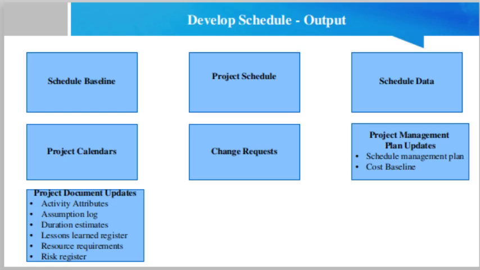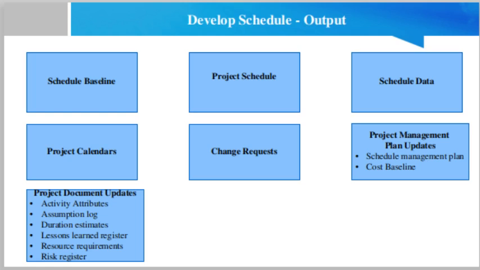Duration estimates. The number and availability of resources along with the activity dependencies can result in a change to the duration estimates. If the resource leveling analysis changes the resource requirements, then the duration estimates will likely need to be updated as well. Lessons learned register.